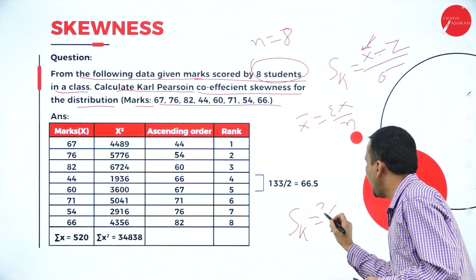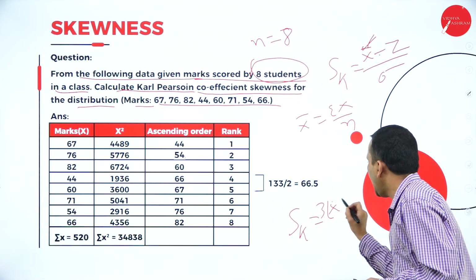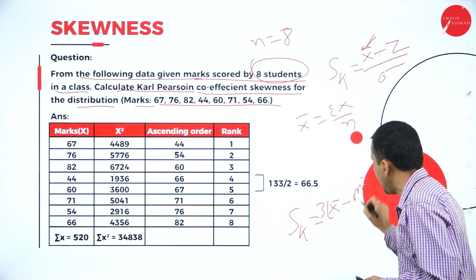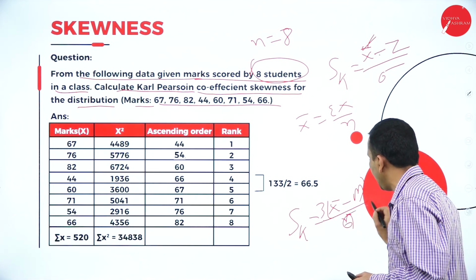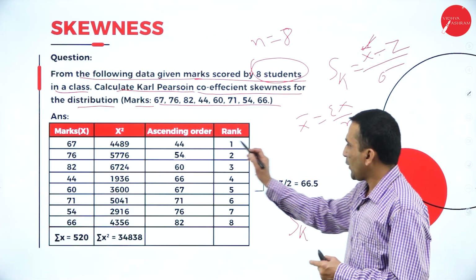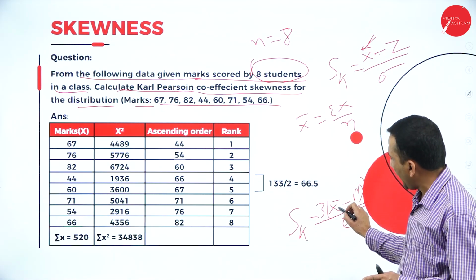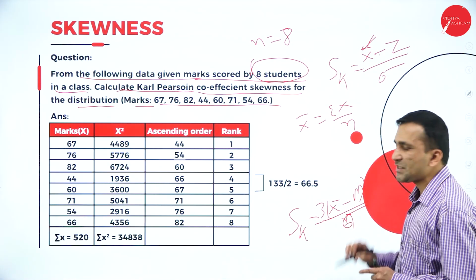So the formula is 3 into x bar minus median, divided by standard deviation. According to the formula I need to find x bar, median and standard deviation.